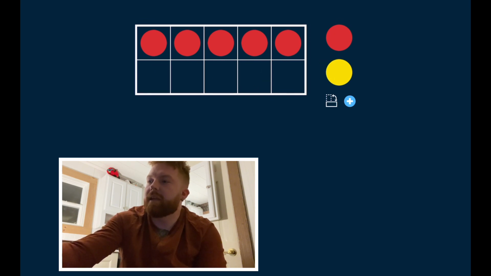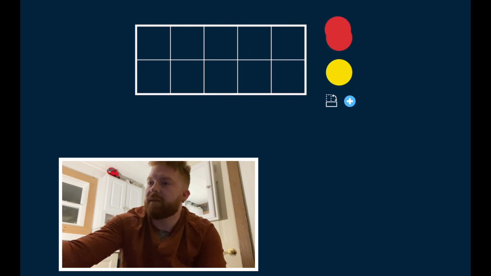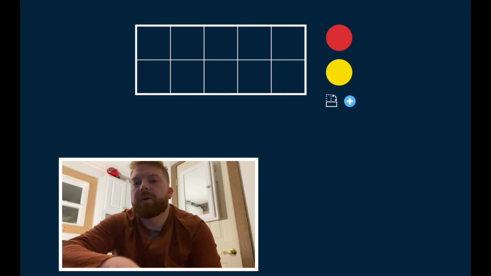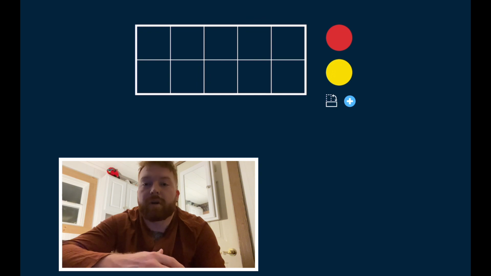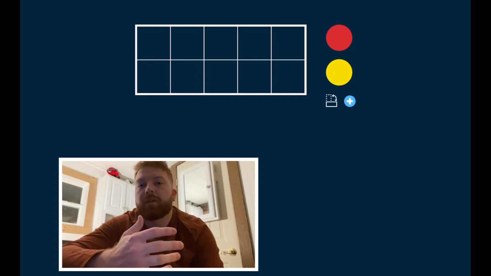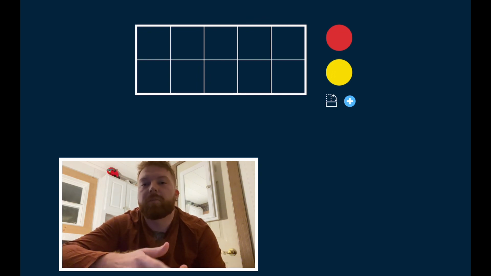The focus today in the lesson is not only adding within 10 or adding within 20, but it's adding within 10 while using a word problem. So what that means is that we will look at a word problem, we will read the word problem, and then we're going to turn that word problem into a mathematical equation.